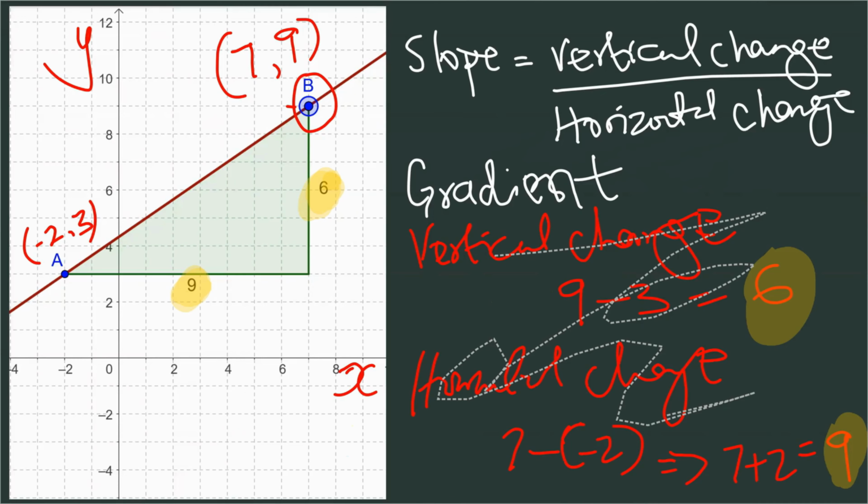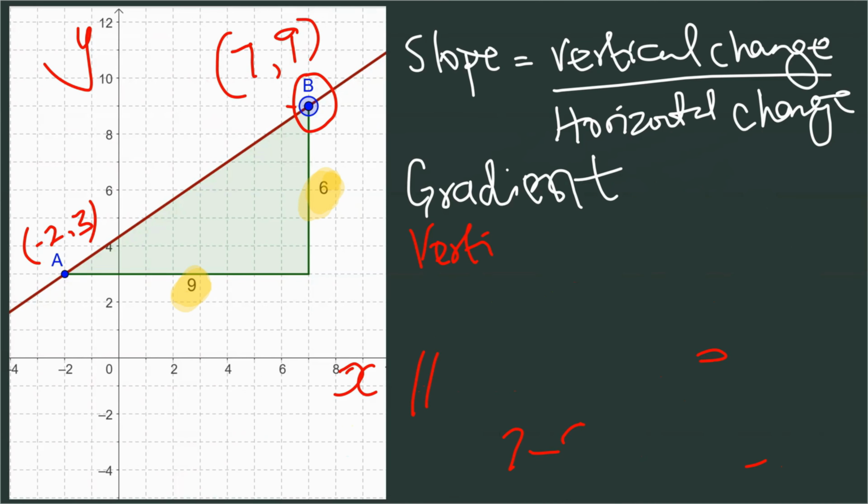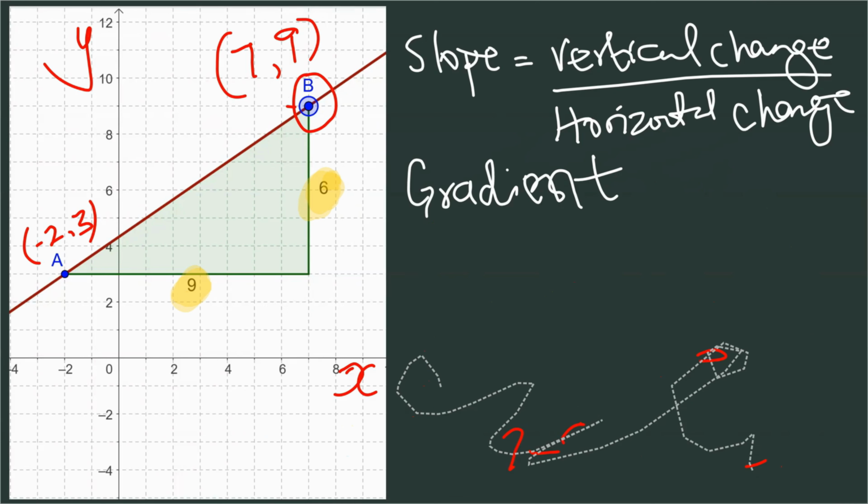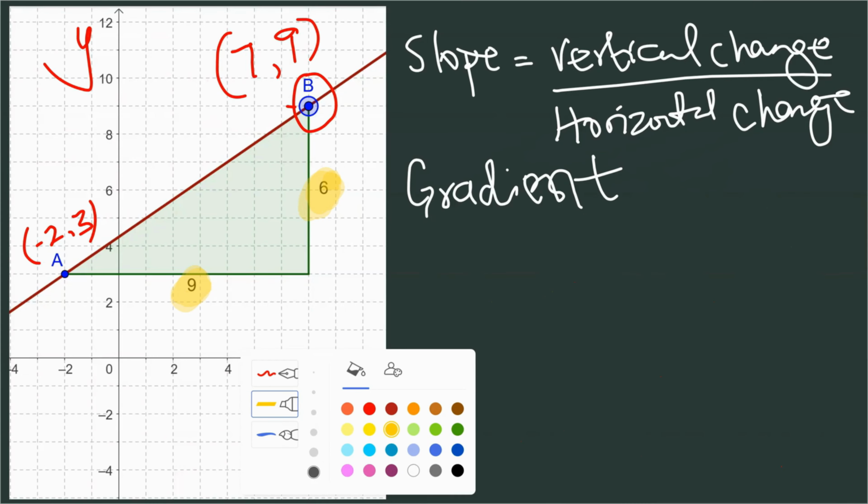We have learned that to find the horizontal and the vertical changes, we have to subtract the coordinates. This is the takeaway. This is what you have learned.